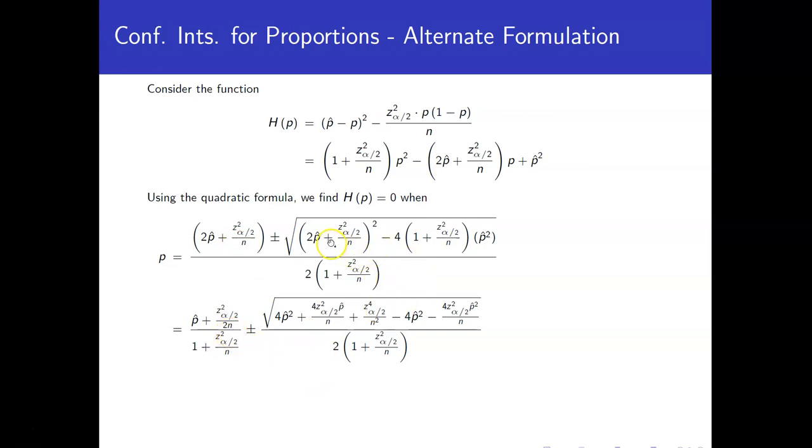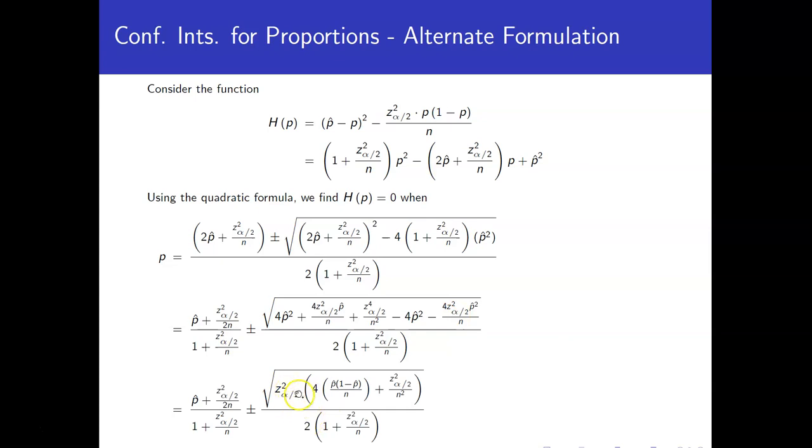And then here, this is just multiplying out the binomial and distributing over the sum. Notice under the radical, your 4 p hat squareds cancel. In every single term, there's a z squared, so we can factor out that z squared.